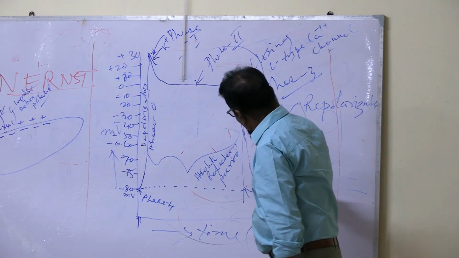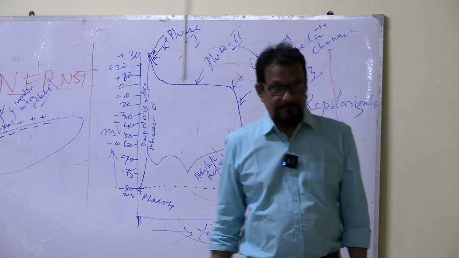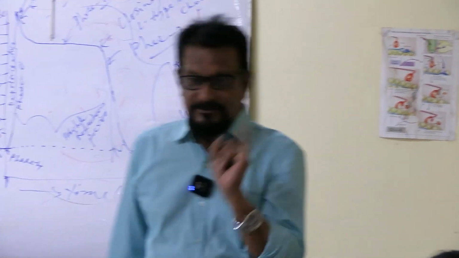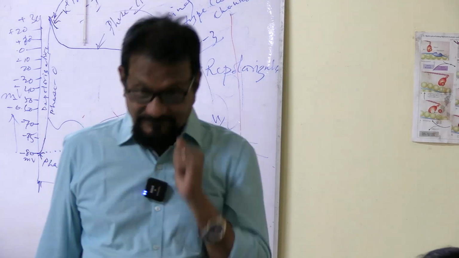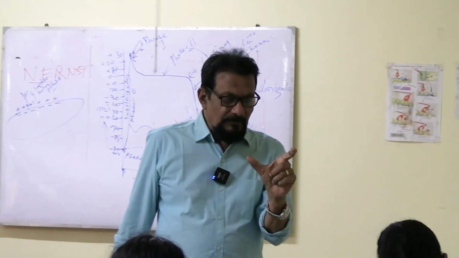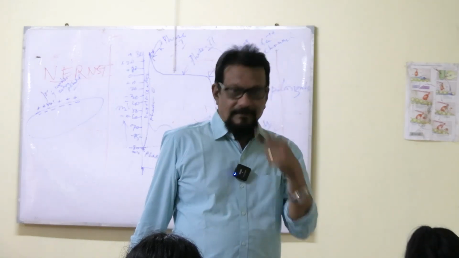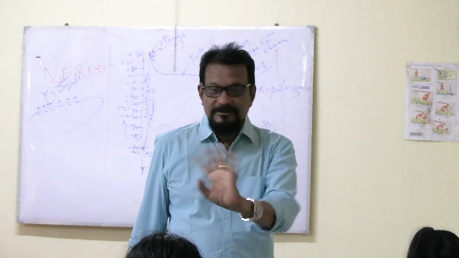This part is the relative refractory period. This can take a second stimulus if the strength of the stimulus is strong enough. But whatever the strength is, if it falls within the absolute period, it will not produce any effect.